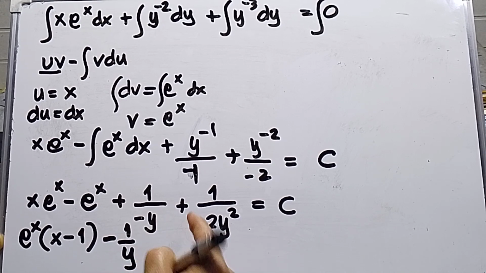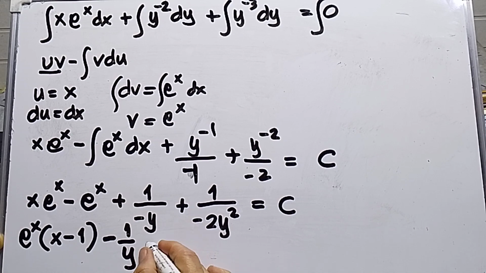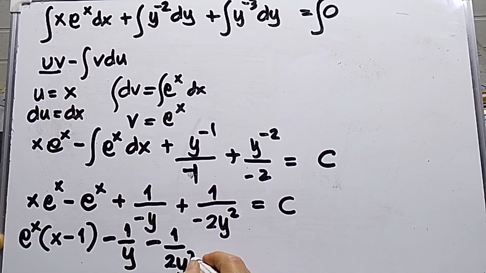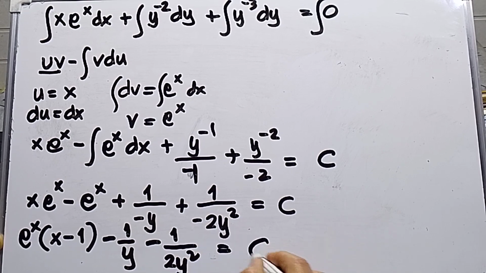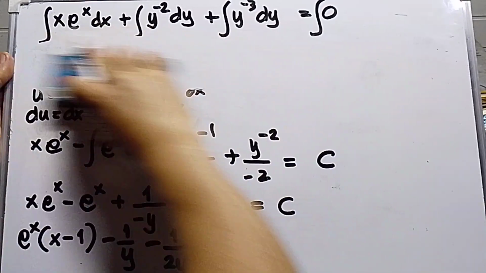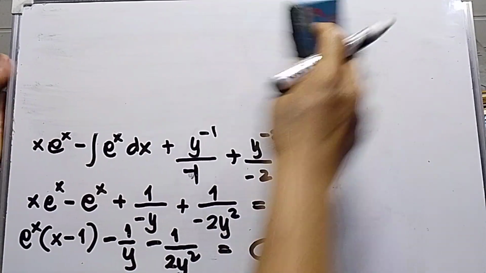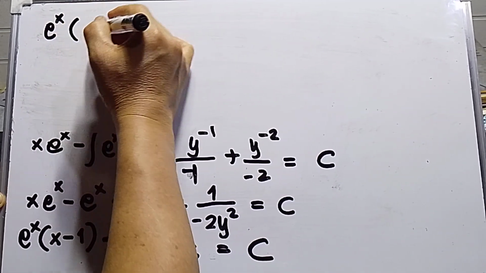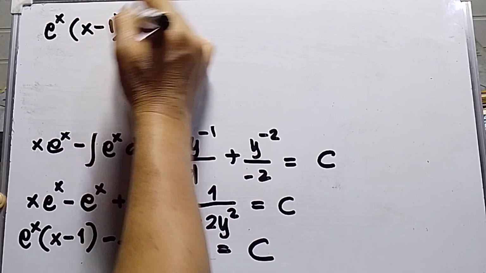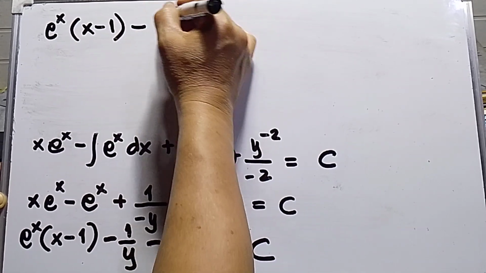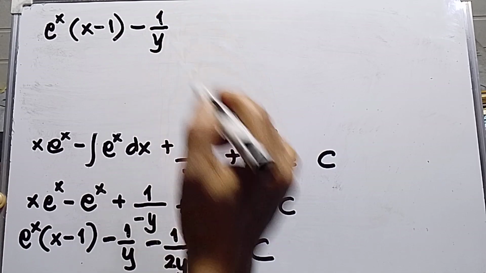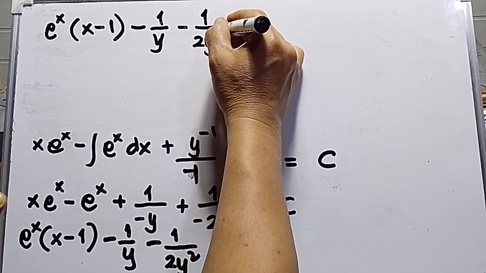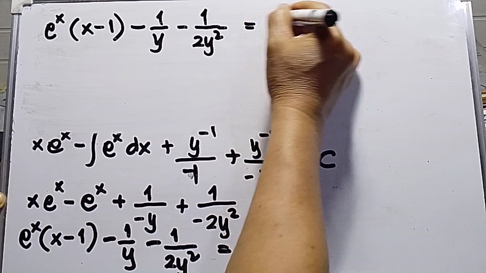Then positive divided by negative, this will be minus 1 over 2y squared is equal to c. So I have e to the x times (x minus 1) minus 1 over y minus 1 over 2y squared is equal to c.